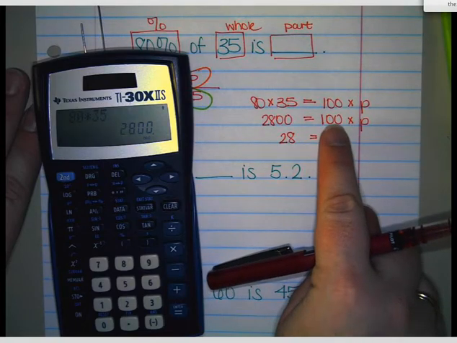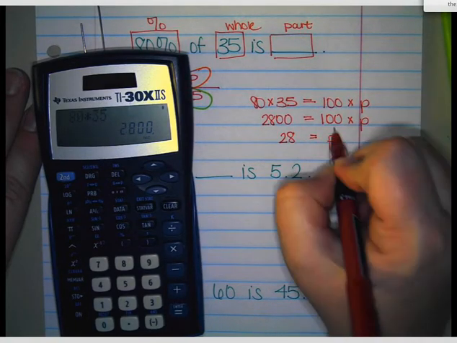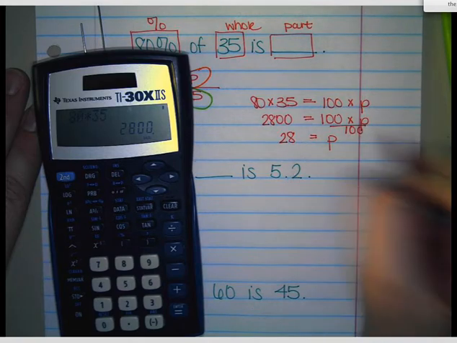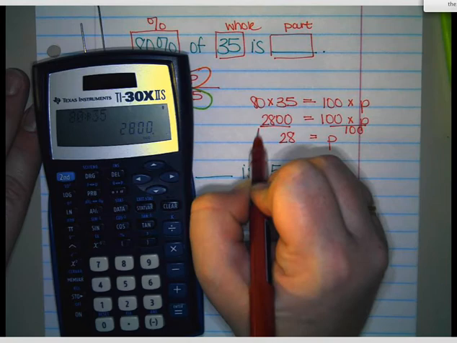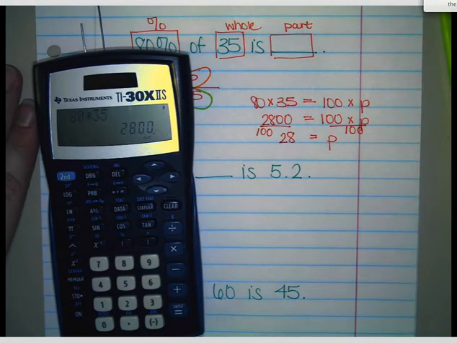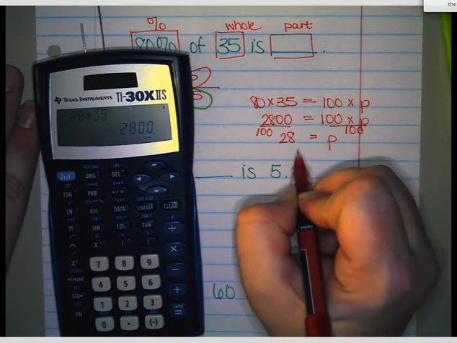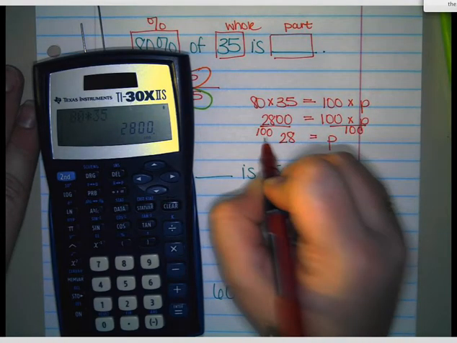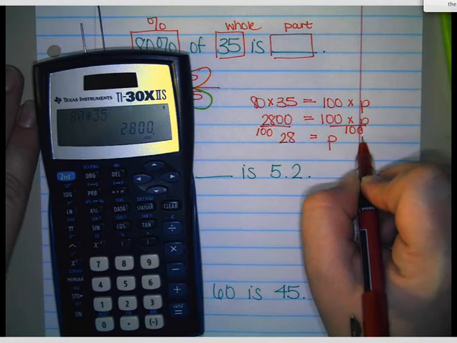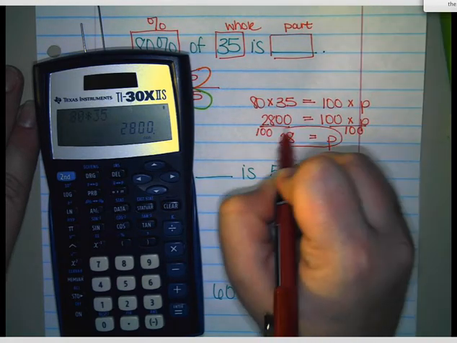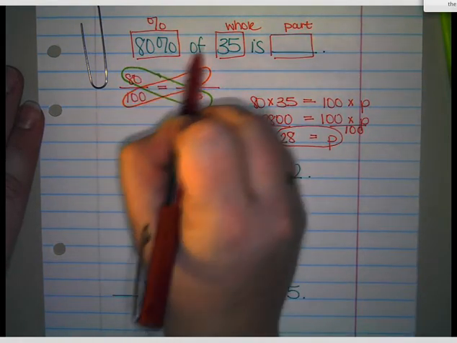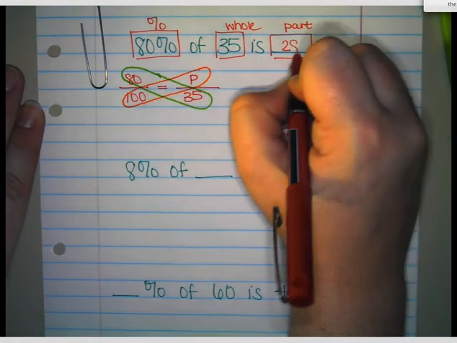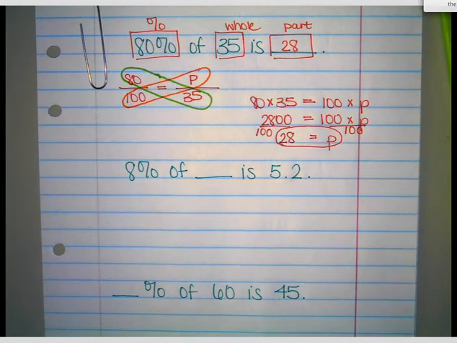If I have 100 times P, and then I divide it by 100, then I can have 2,800, but I have to also divide by 100 over there. Okay, and so then I got 2,800 divided by 100, and then 100 times P divided by 100, and I got P equals 28. So 80% of 35 is 28. That was my missing amount.